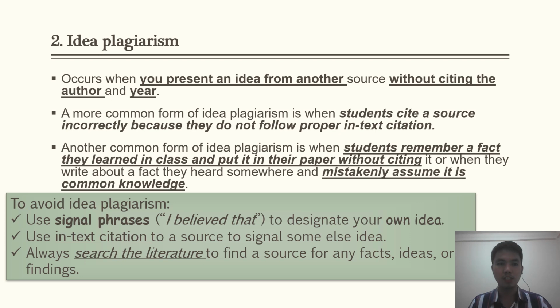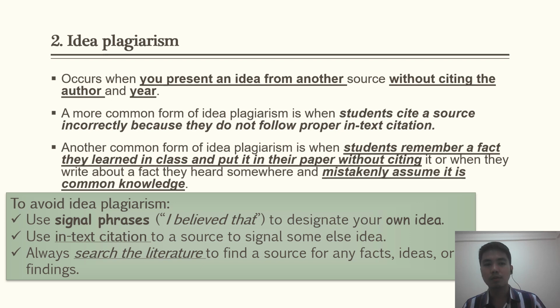Another form of plagiarism is idea plagiarism. Idea plagiarism occurs when you present an idea from another source without citing the author and the year, or without citing your sources. A more common form of idea plagiarism is when students cite a source incorrectly because they do not know the proper in-text citations. Later on we will discuss what in-text citation is.